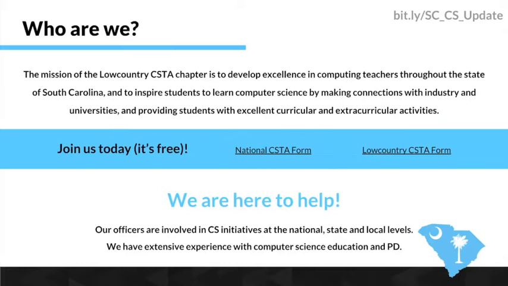Just to give you a little overview of the officers of our local chapter here in South Carolina, all of our officers are involved in CSTA initiatives, both at the national and state levels. We have been heavily involved over the last couple of years in standards writing and committees that the State Department has been putting together, as well as providing professional development.